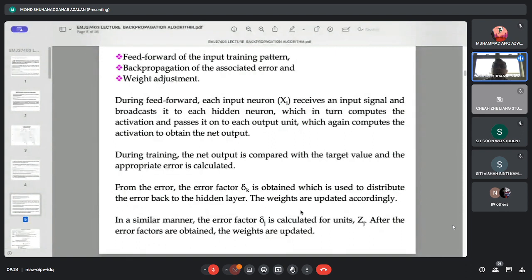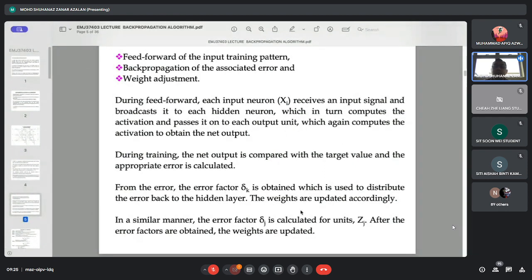In Hopfield net, the condition is if we have two inputs, we just update the weightage for two inputs. But for backpropagation, we update the weightage until the error between the target and the output is small.